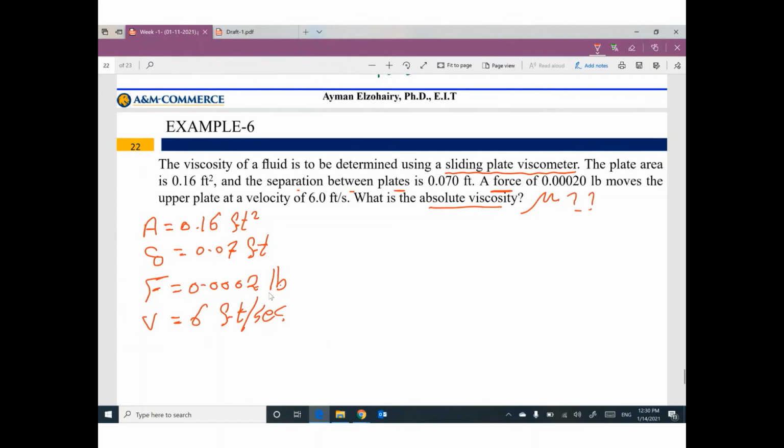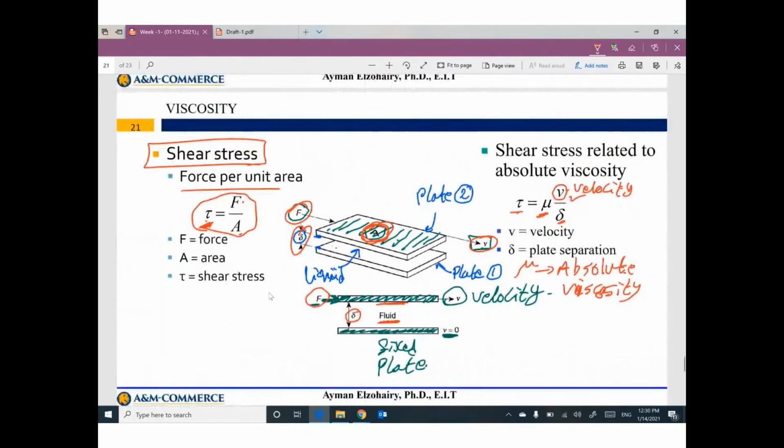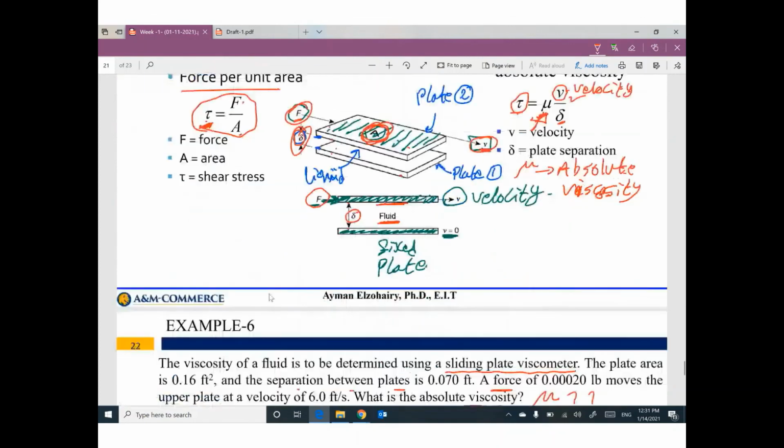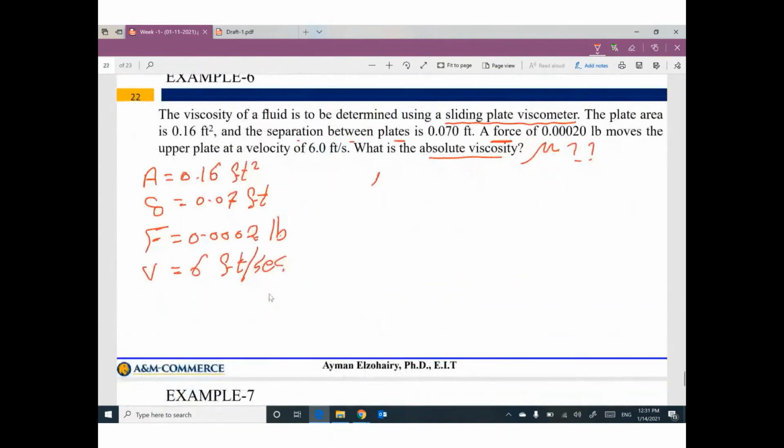Guys, if you go back to this experiment, we have two plates with a distance delta in between, and the upper plate under the effect of a force F is moving with a velocity V. Then we can figure out the shear stress, and this shear stress will help us figure out the value of mu. Okay, let's start. What is the value of shear stress tau? Equal F divided by area.